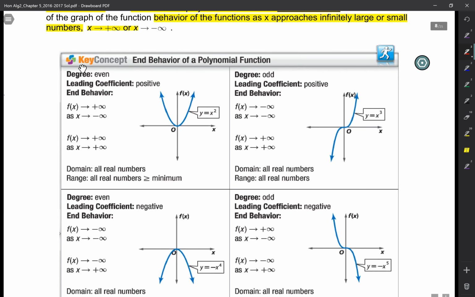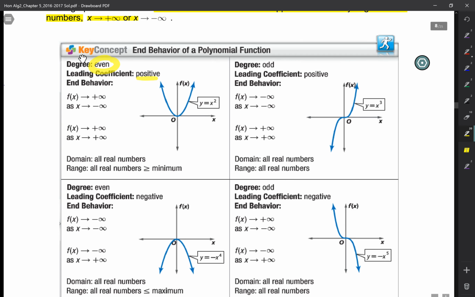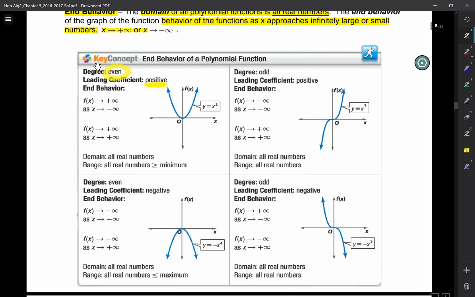Suppose you have a function, the degree of which is even, right? Remember how we said both ends go up or both ends go down? All right, now, suppose the leading coefficient is positive. So I have, for example, 2x squared, okay? Or I have 4x or 6x to the 4.